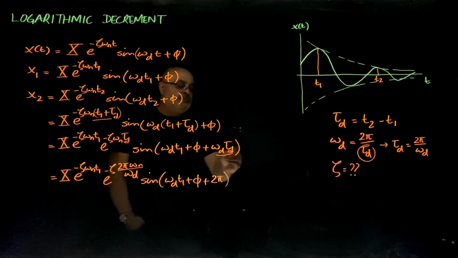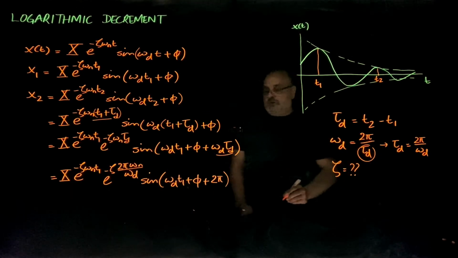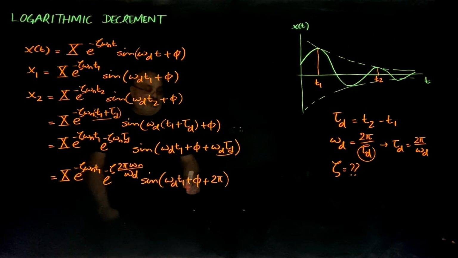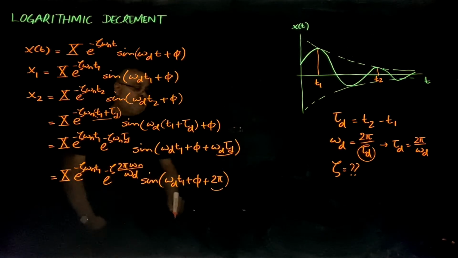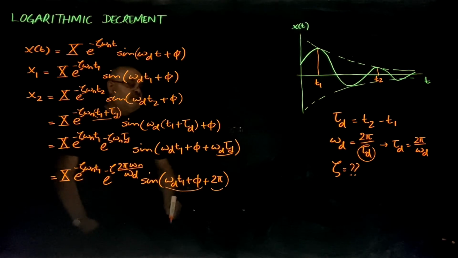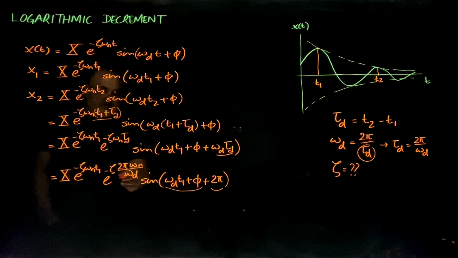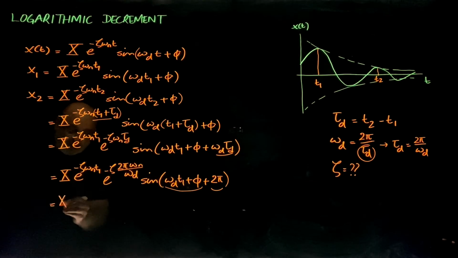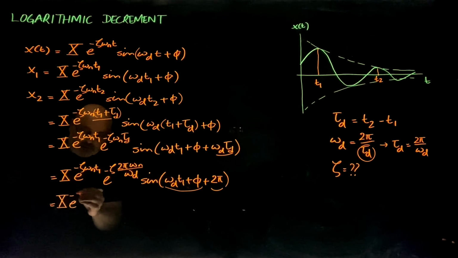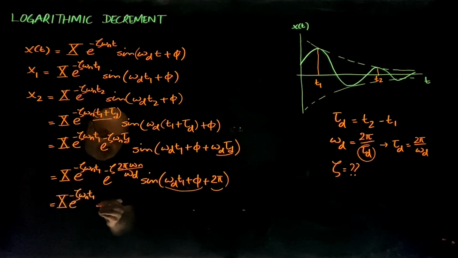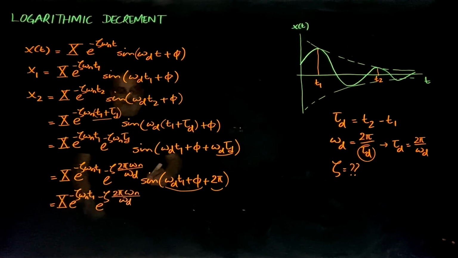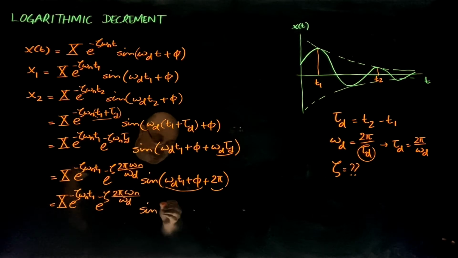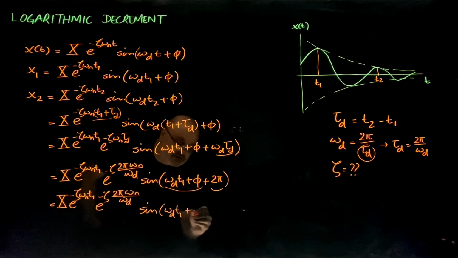You substitute tau d as 2 pi over omega d. Now the sine of an angle plus 2 pi is the same as the sine of the angle itself. So I can rewrite this as X e to the negative zeta omega n T1, e to the negative zeta 2 pi omega n divided by omega d, sine of (omega d T1 plus phi).